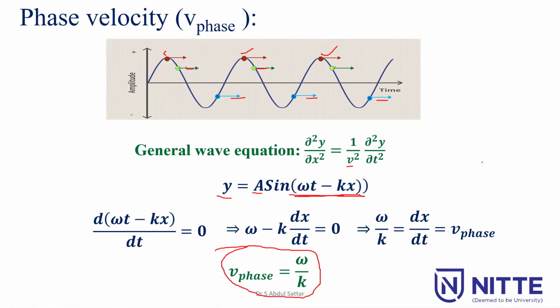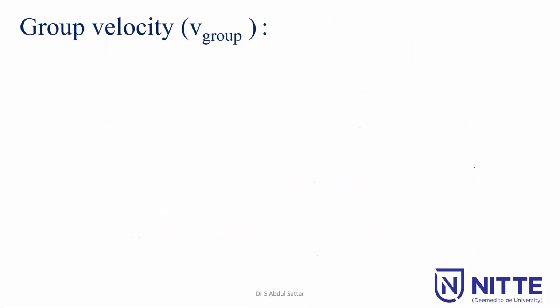There is another important parameter we have to know about the wave associated with these moving particles, that is group velocity. What is the group velocity here? If you take a particle moving with some velocity, and only one wave is associated with it, then its momentum can be measured exactly.